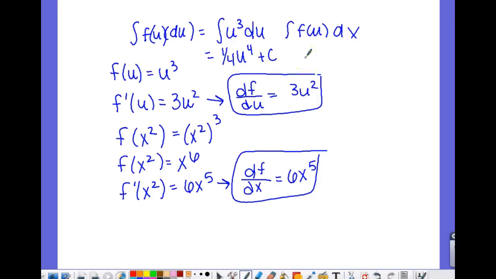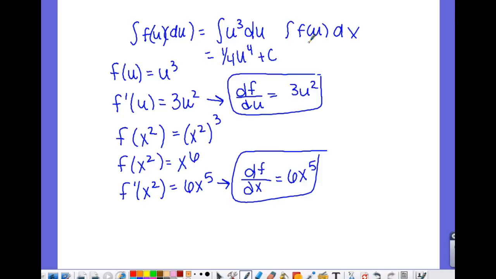But over here, I have f of u dx. If I were to integrate that, I have to substitute out one with the other. I could either replace the dx by solving for it here, or I have to replace f of u with something in terms of x. We said f of u was u cubed, and f of x squared was x to the sixth.